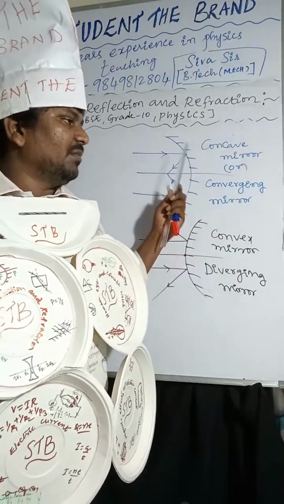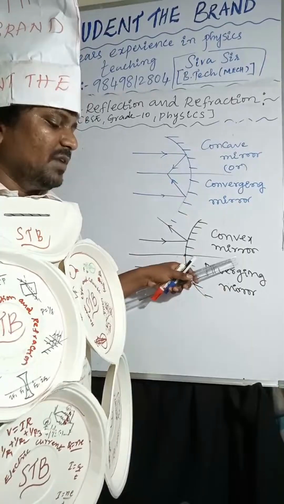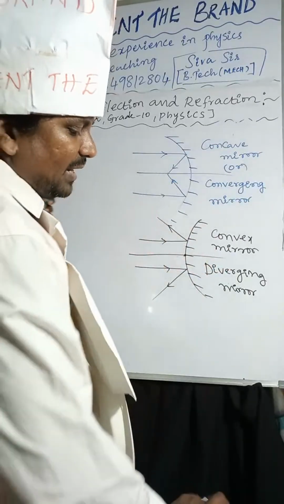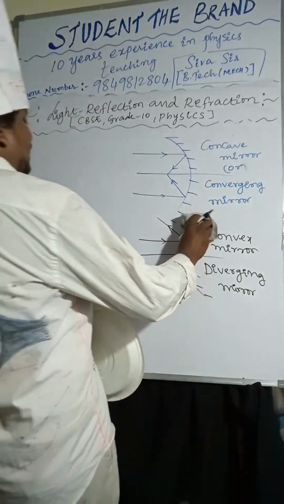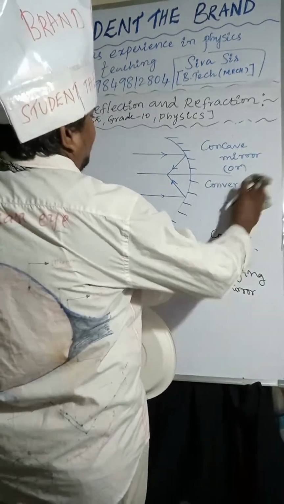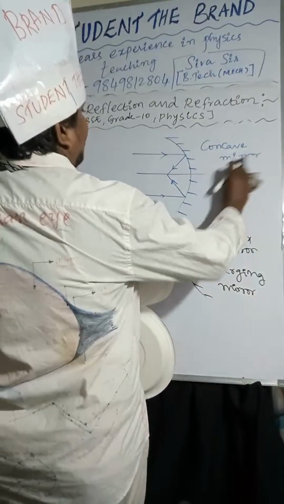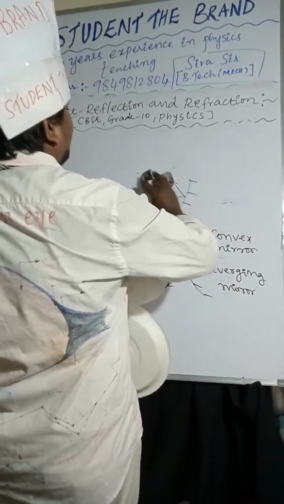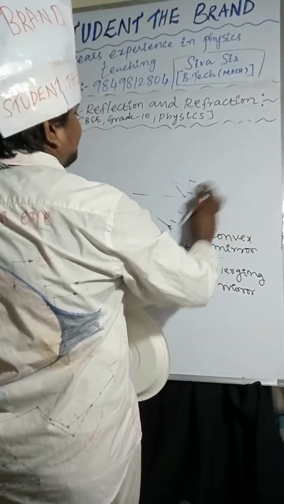The nature of a concave mirror is converging. The nature of a convex mirror is diverging. I hope it is very clear to you all. Next, we are going to the terms related to spherical mirror.